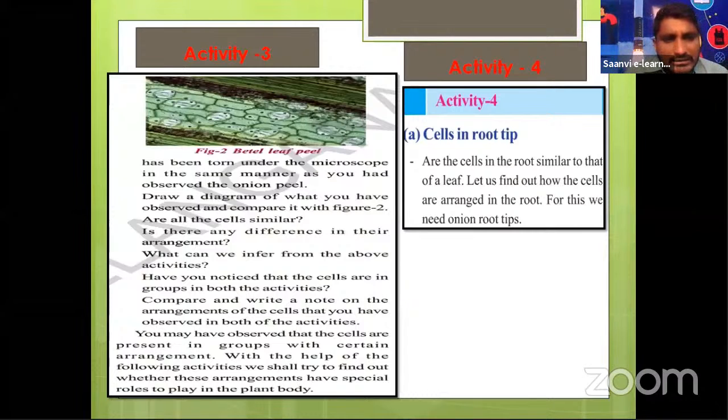Next, are all the cells similar, completed. Is there any difference in their arrangement, completed. Next, third question. What can we infer from the above activities?